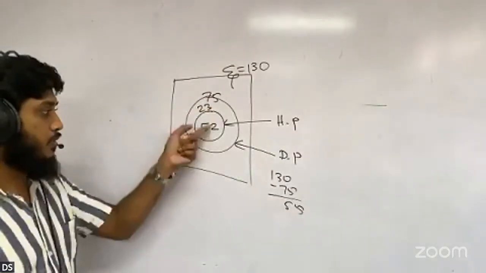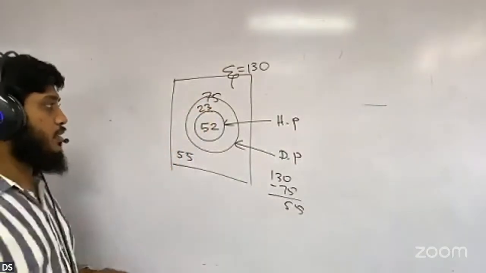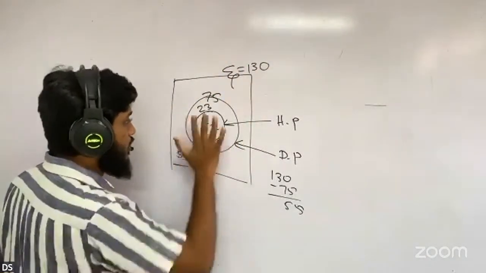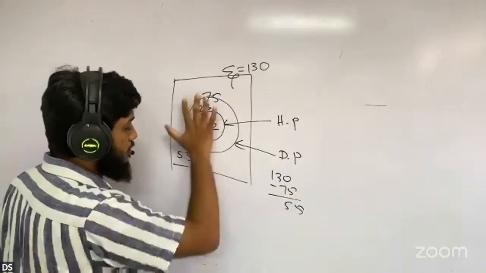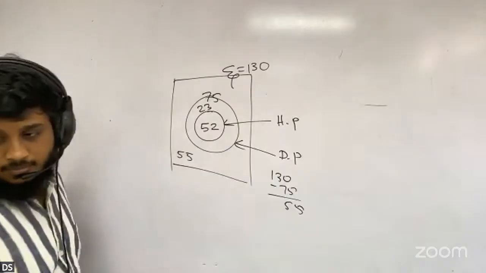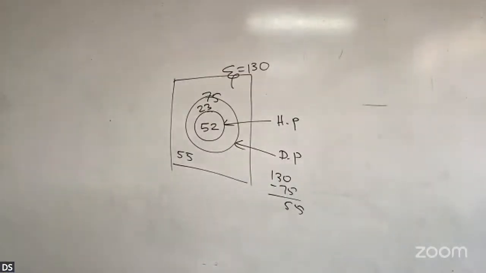So 75 minus 52 is 23. This entire set's value is 130. So 55 people don't have anything, they don't have diabetes. Got the point?